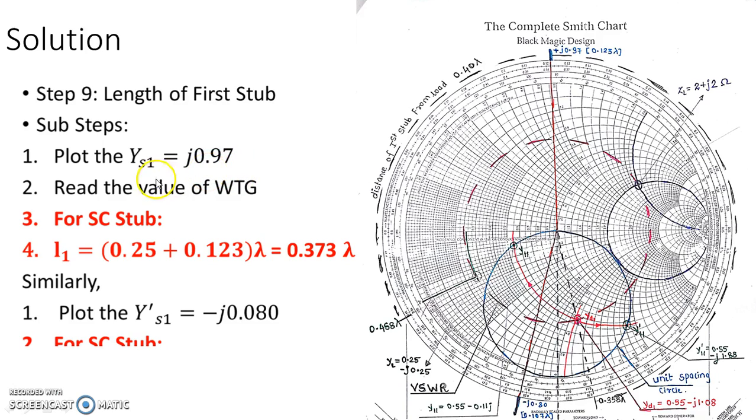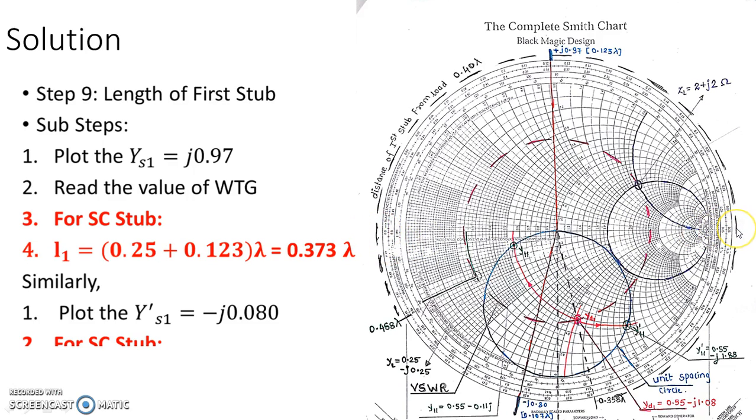Here, YS1 is the reactance. No, I can't say reactance. We have to say admittance because now we are dealing in Y parameters. So the admittance YS1 is provided by the stub. Now, what type of stub am I considering? I'm considering a shunt stub which is short circuited. Where is my short circuit point? In the Y chart, this is my short circuit point, whereas this is my open circuit point.